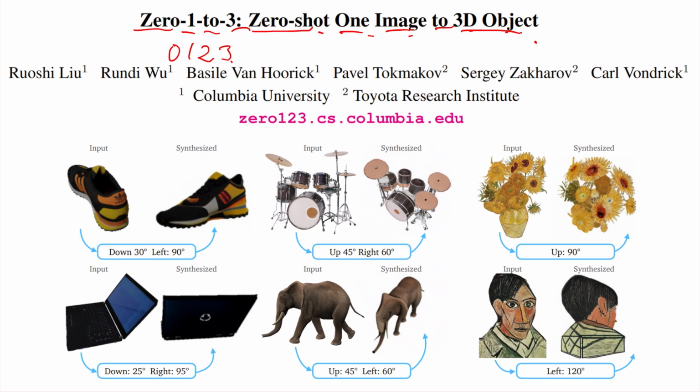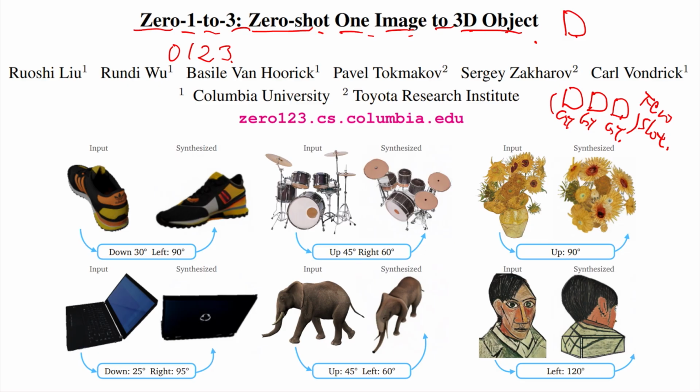Zero shot means we do not use any annotation of any images. Just a single image is enough. For example, few shot means before testing, we need a few amount of image and ground truth pairs.